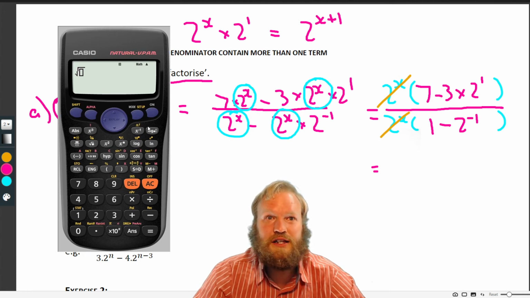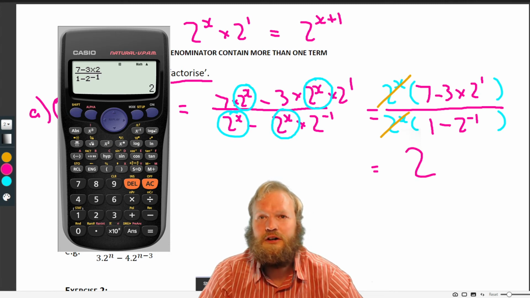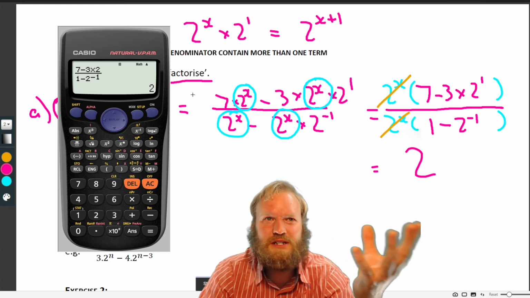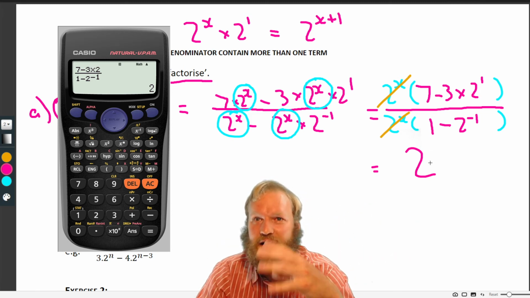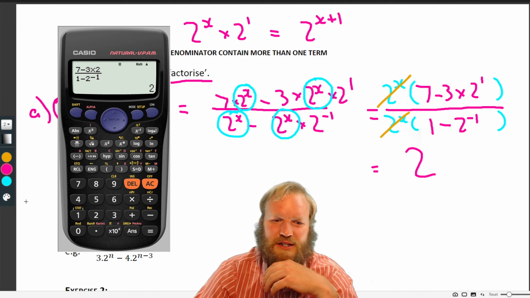So the calculator is there, and so we can put in that fraction and say 7 minus 3 times 2 over 1 minus a half. And we get 2. Great stuff. Because what we're working on here is this idea of splitting, factorizing, and getting an answer, not working with these pesky numbers.